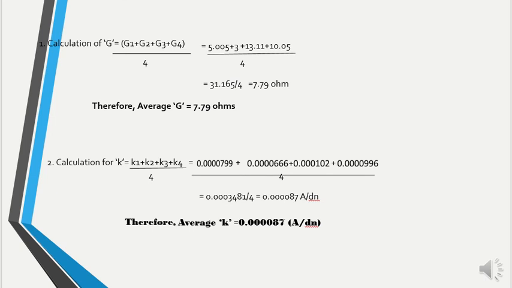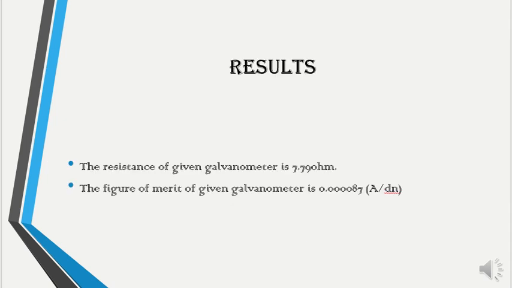For the figure of merit we have taken the same average and we have got 0.0000787 ampere per division, or we can say 8.7 into 10 to the power minus 5 ampere per division.